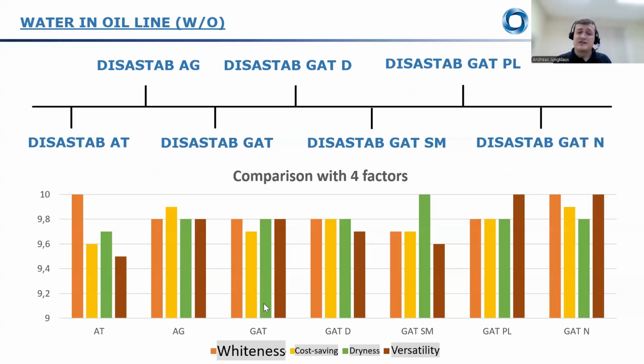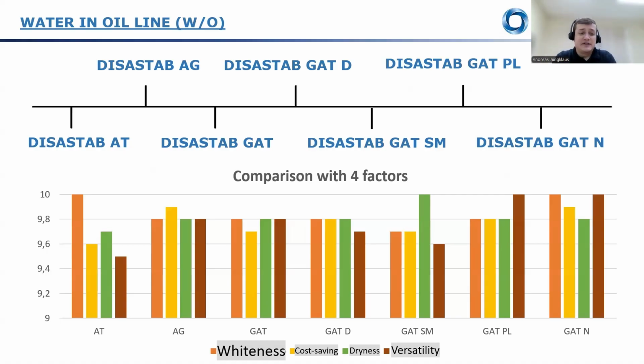So the graph suggests they all perform well, however with distinction to PL and N, which both demonstrate high versatility and overall balance, and both appearing to perform best across all these 4 criteria. In summary, the Disastab water in oil line provides a comprehensive range of emulsifiers tailored for different formulation priorities, from optical brightness and drying behavior to versatility and cost optimization.